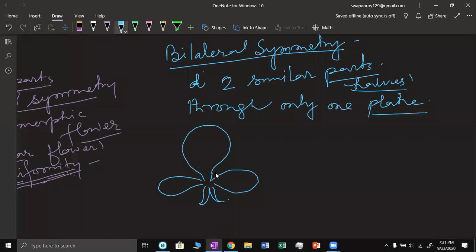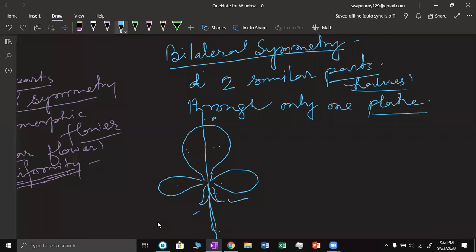This flower can be divided into two equal halves only through the anterior-posterior plane, meaning front to back. Say here this is the posterior, this is anterior. This way the large petal is divided into two halves, with one medium-sized petal on both sides and one small petal on both sides.